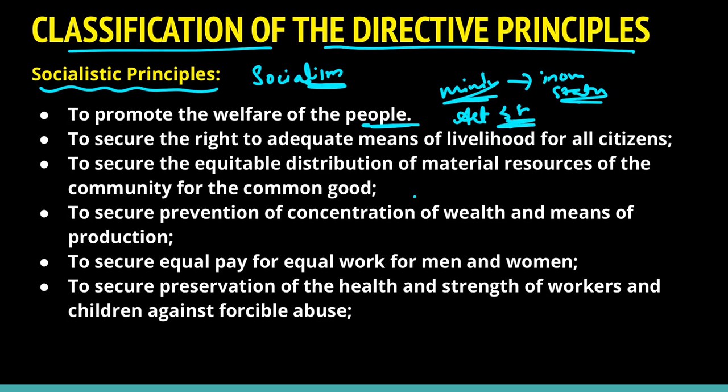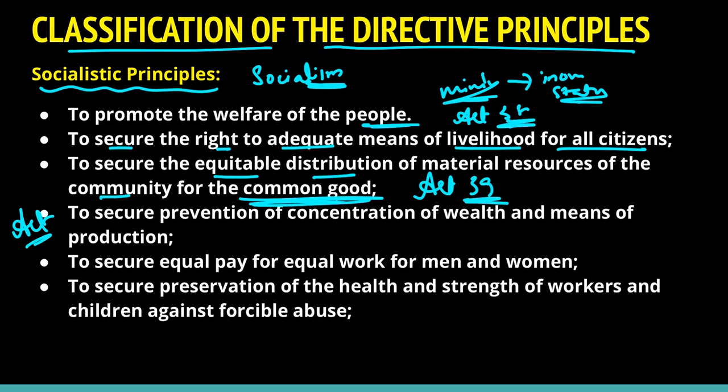Article 39 directs the state to secure the right to adequate means of livelihood for all the citizens and to secure the equitable distribution of material resources of the community for the common good.